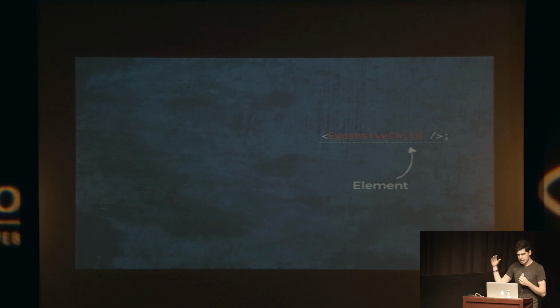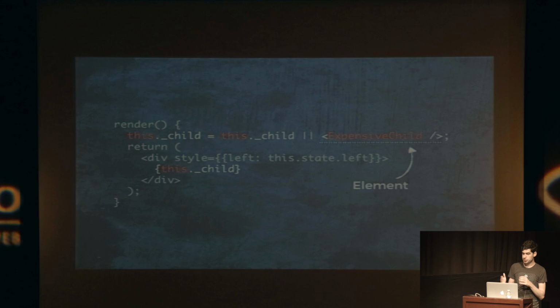React has an optimization inside that says that when it's going to diff two elements, if it's exactly the same element, like triple equal the same element, then it's going to bail. It's going to say, okay, this element didn't change, I'm not going to re-render it. And so the way to use this technique is by caching the element in an instance variable like this, and then you're able to control when this child gets re-rendered.